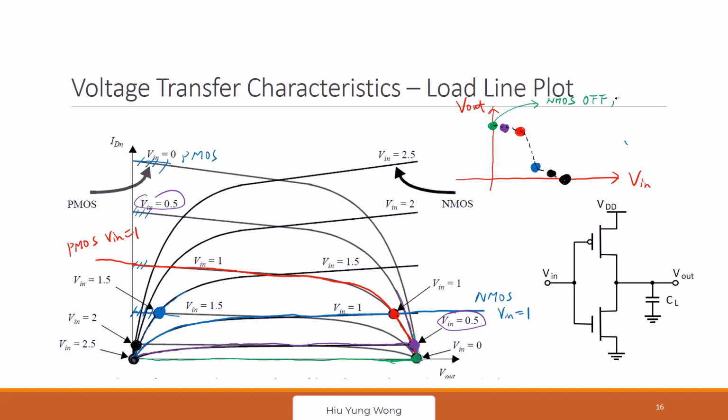But how about for PMOS? Look at the curve. Is it on, off, or saturate? PMOS is V in equals 0, right? And it is at this point. First, is it on or off? It is on and in triode.